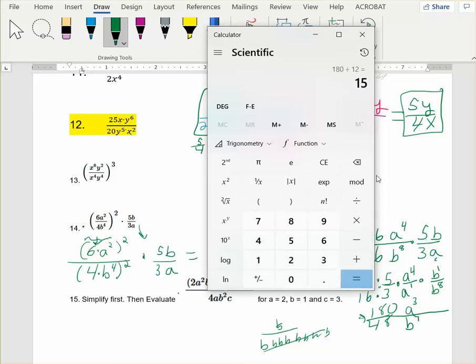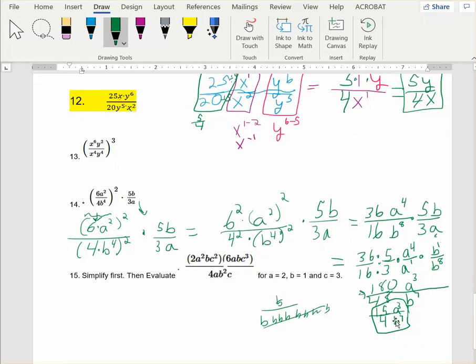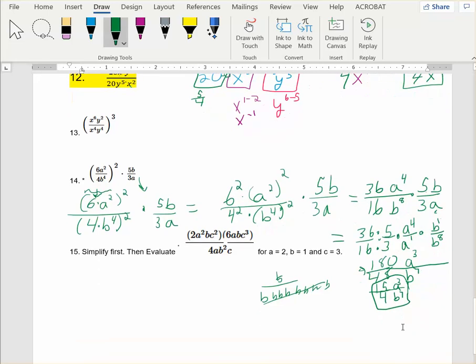So if I take both of them divided by 12, 180 divided by 12 is 15. 48 divided by 12 is 4. And then we have a to the 3rd in the numerator with the 15, and b to the 7th in the denominator with the 4. So these are not fast. They're kind of like puzzles, and you just keep working step by step by step until you have it as simple as you can get it. And then you know you're done.